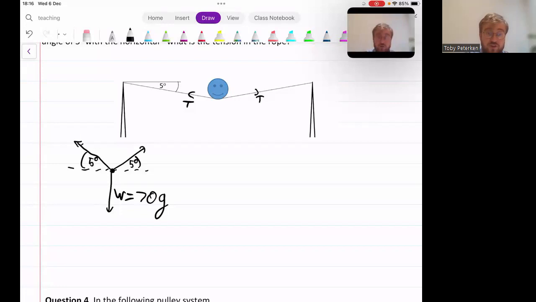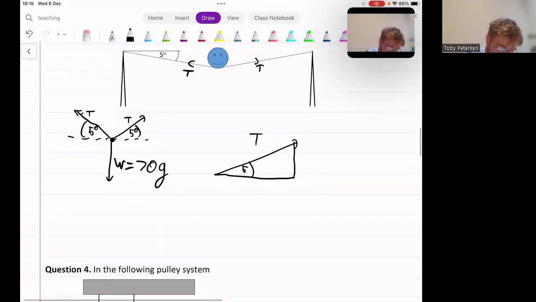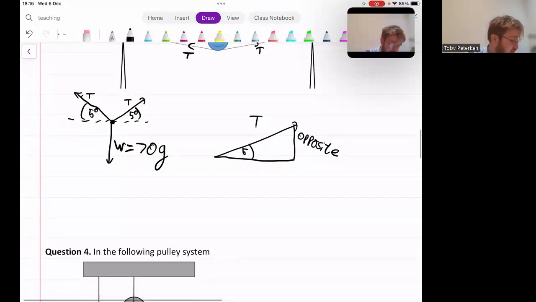Now, what we want is the component of the tension in the vertical direction, because we need it to balance the weight. So to get the vertical component of the tension at 5 degrees, we can use trigonometry, where the vertical component here is the opposite, and the tension is the hypotenuse.